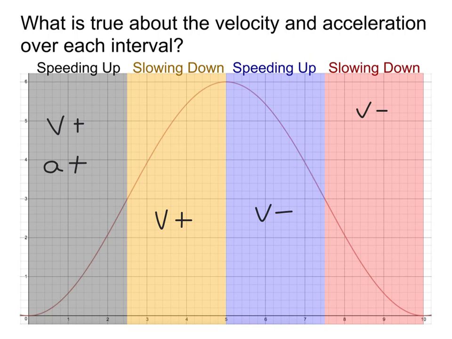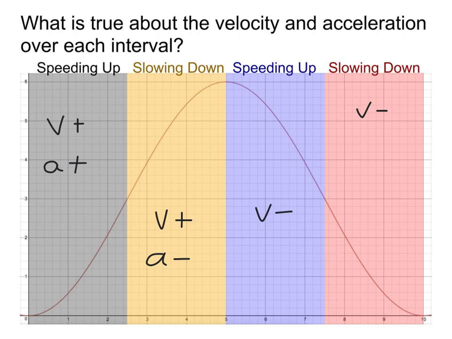Did my velocity number get bigger or smaller? Smaller, because I have a steep slope of 1 here to a slope of, say, a half. So it got to be less there. So my acceleration was negative, because negative acceleration means velocity decreasing.